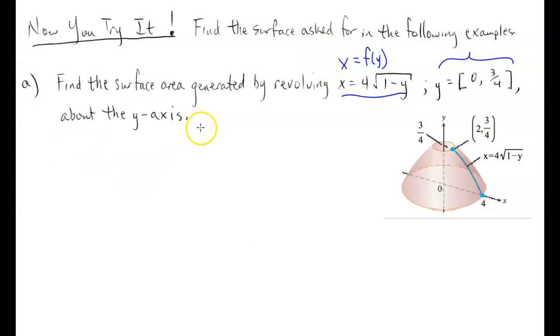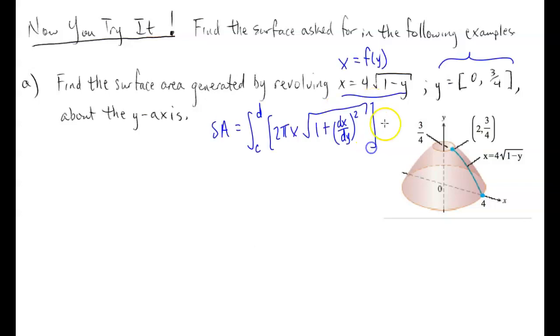So that means the formula that we're going to use for the surface area is the integral from c to d of 2 pi x times the square root of 1 plus dx over dy, all of that squared, and then we'll put dy on the end.